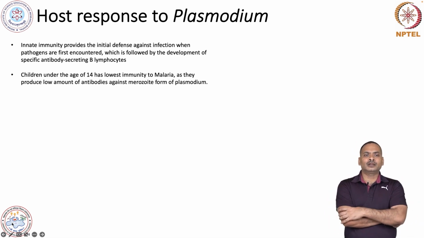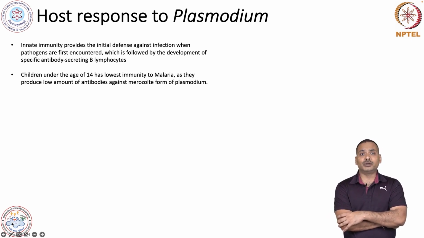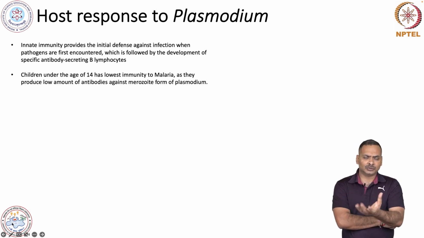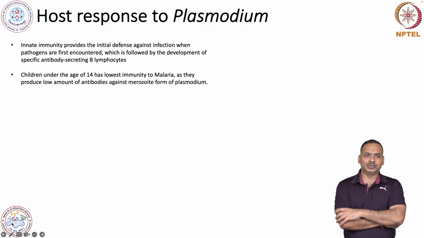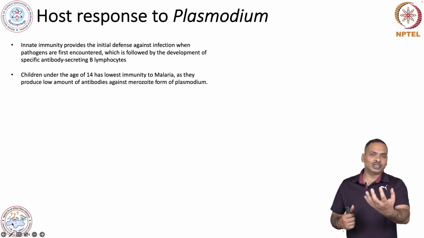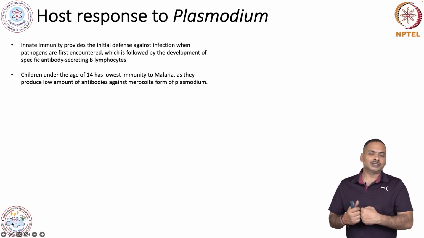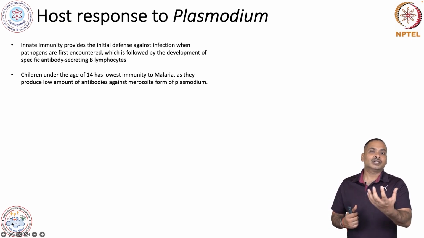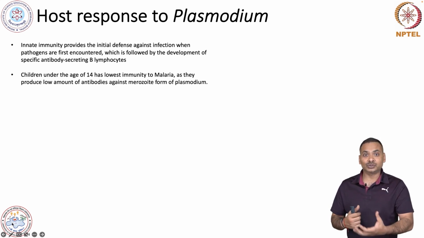They have the lowest immunity to malaria as they produce a low amount of antibody against the merozoite form of this plasmodium. You remember that there is a release of merozoites once the sporozoite infects the liver cell; they make merozoites.